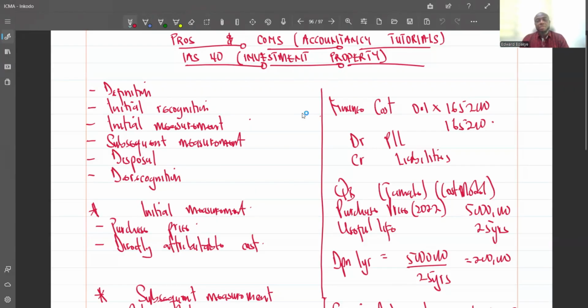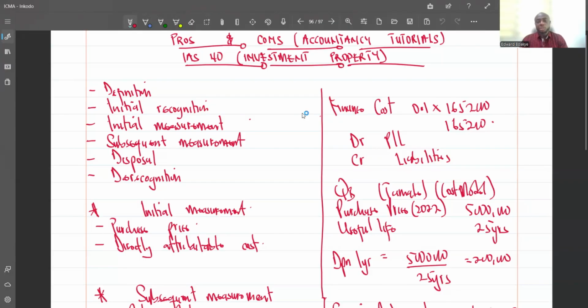The explanation we gave is that, unlike the revaluation model, where a revaluation gain for the first time goes to OCI, and a revaluation loss for the first time goes to P or L, and a subsequent revaluation loss is subtracted from the earlier gain, all these complexities we don't have under investment property, IAS 40. Here, we only compare how much we are keeping in our books with the fair value, and then any loss or gain on fair value we take to our P or L. That makes things very, very easy under IAS 40. Take the loss or gain to the P or L.